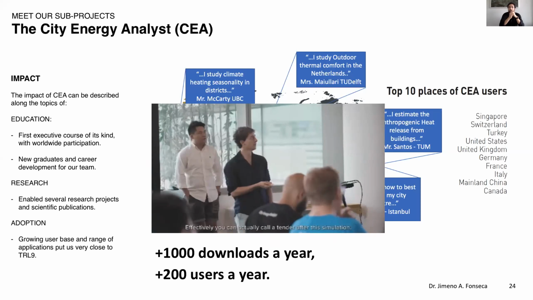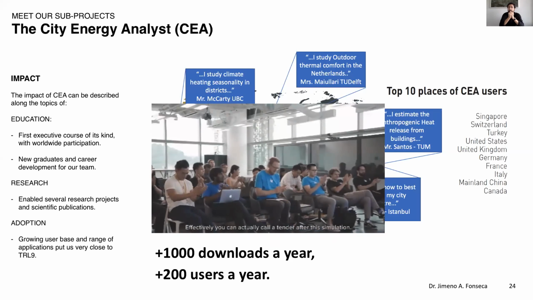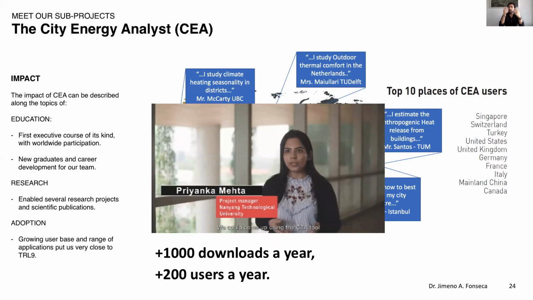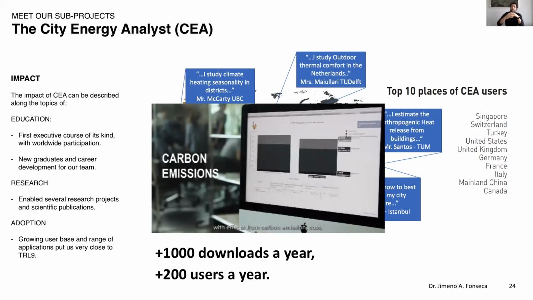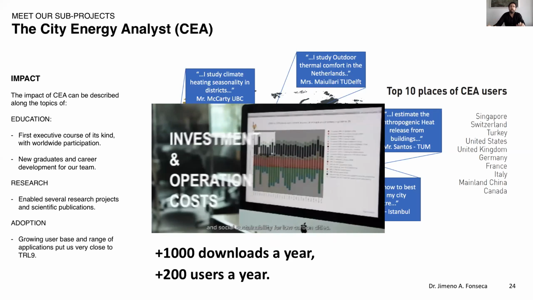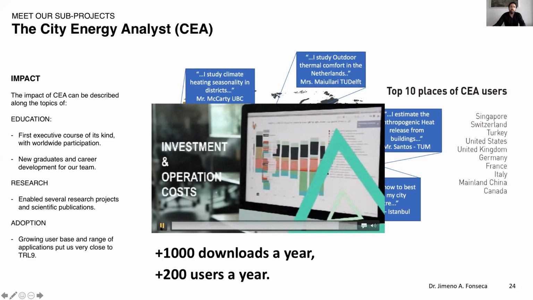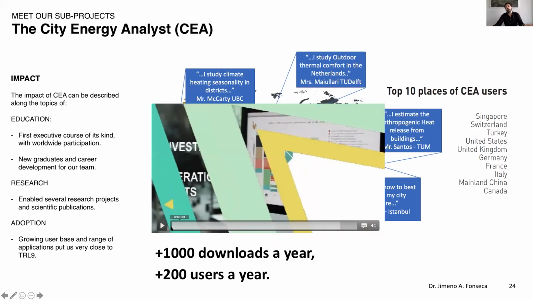But we also have project managers, those who are leading the transformation of districts and who would like to better understand the investment costs, the emissions of the district, and how to improve it in the future.